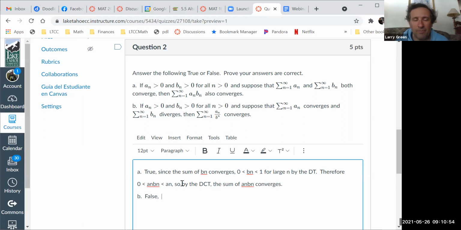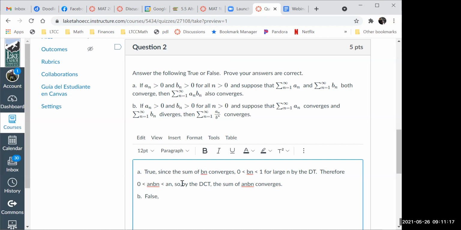Okay. So instead, it's a lot easier for false to just find an example. And the key, because I try not to be too evil, what's the most common series that diverges? Anything equal to 0.